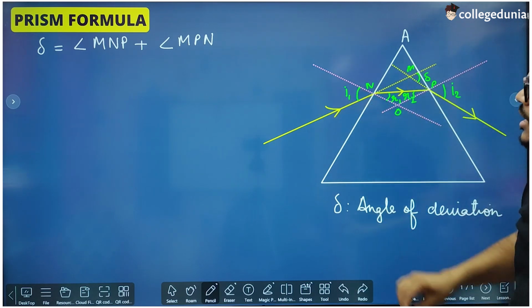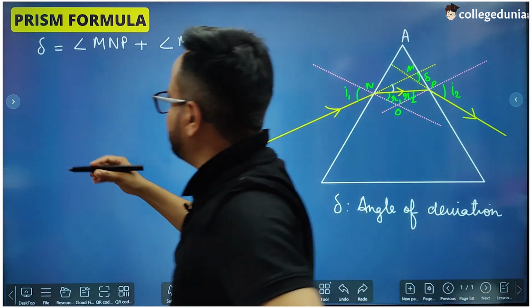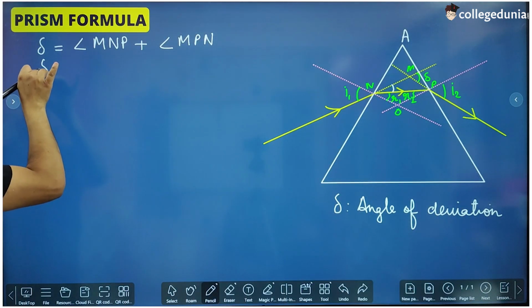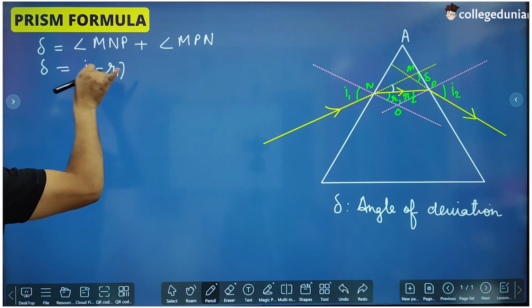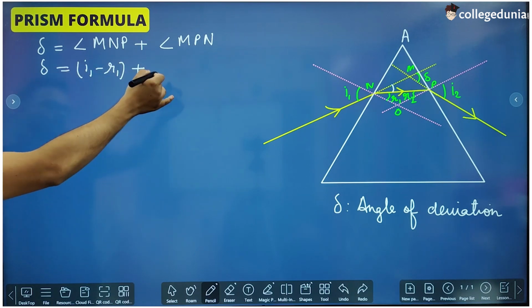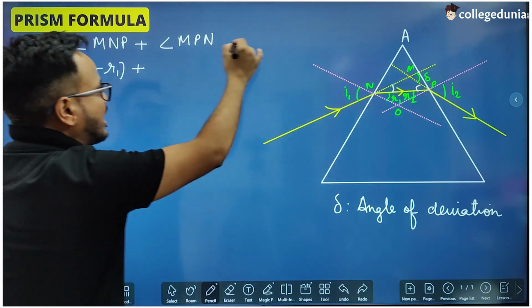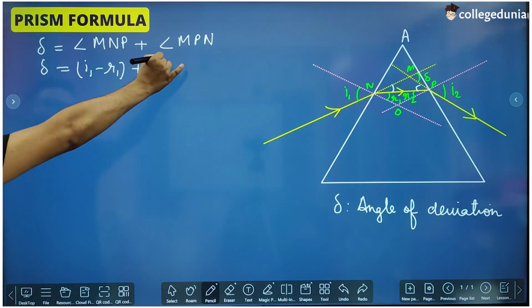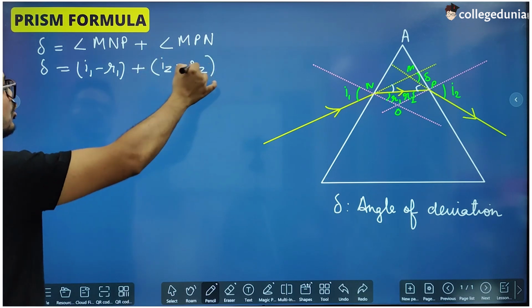So we can say that this particular angle is I1 minus R1, and you can clearly see that this angle MPN is I2 minus R2.